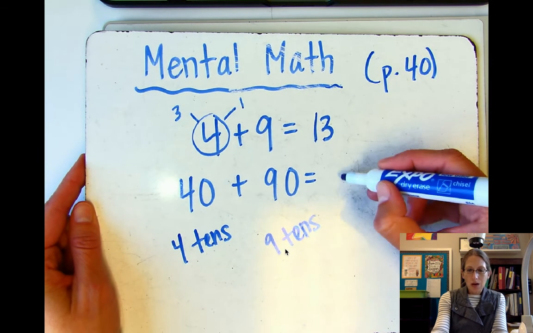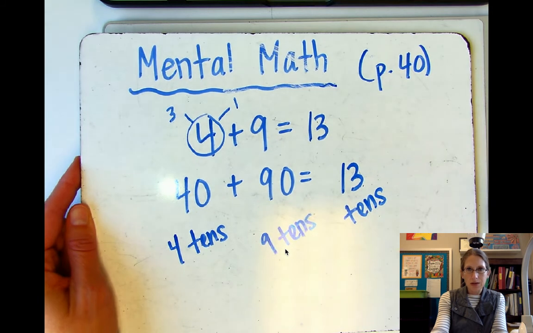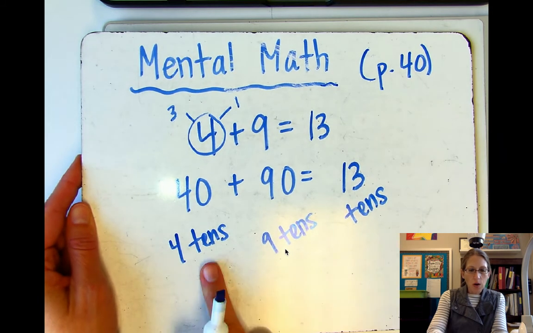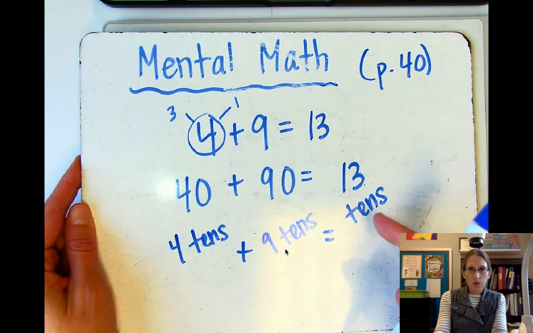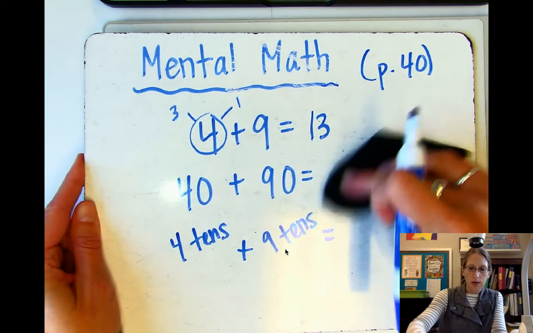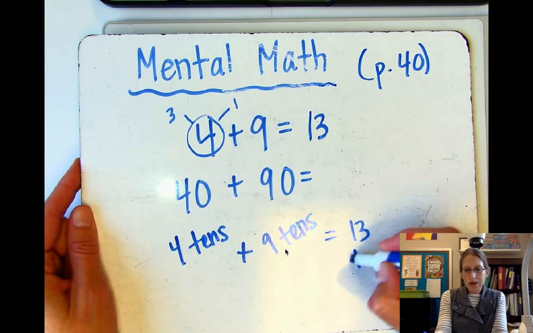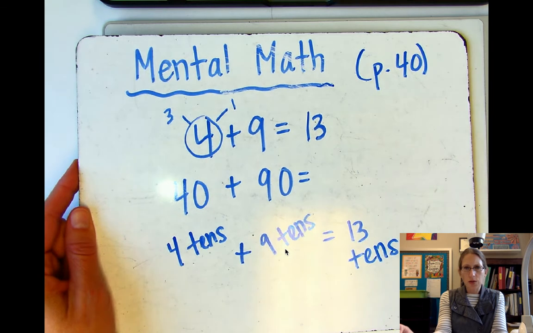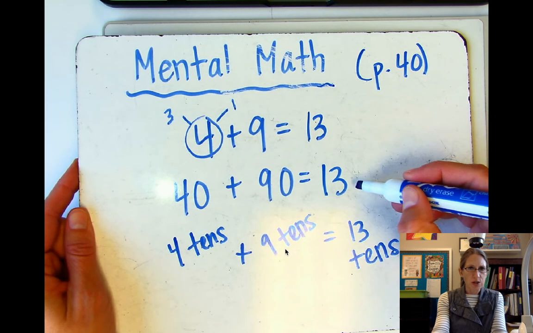So our answer would be 13 tens. So 4 tens plus 9 tens equals 13 tens. Actually, I better write that down here. 4 tens plus 9 tens equals 13 tens, but how do we write 13 tens? Because this would just be 13 ones.